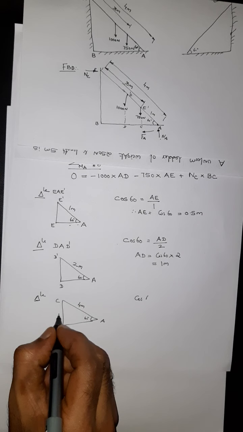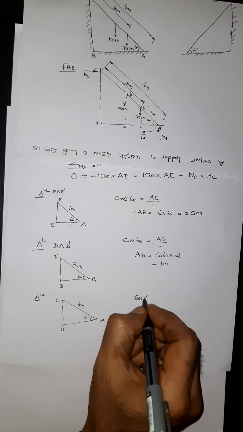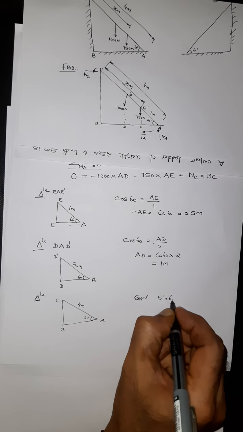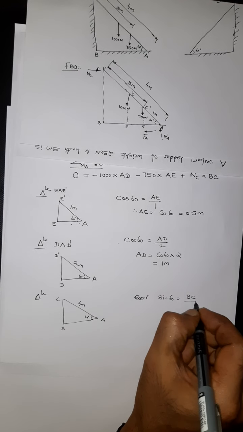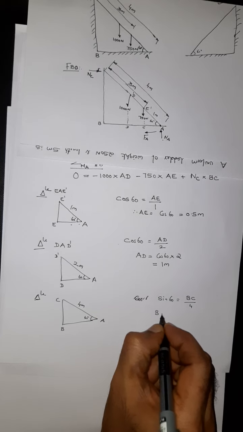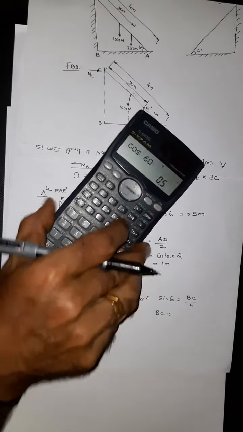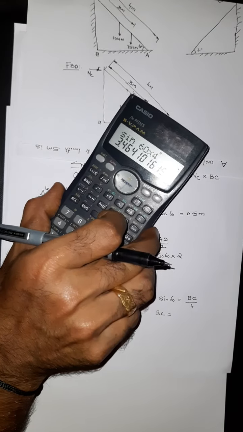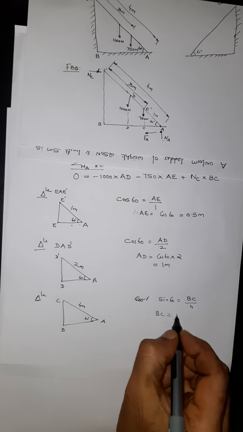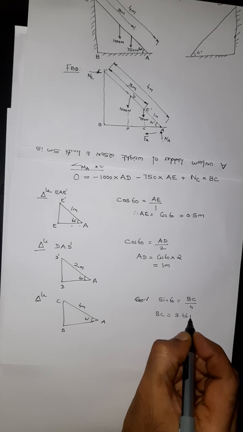So now we want the distance BC. So sin 60 equal to opposite side, so BC by 4. So BC equal to sin 60 into 4, which is 3.46 meter.